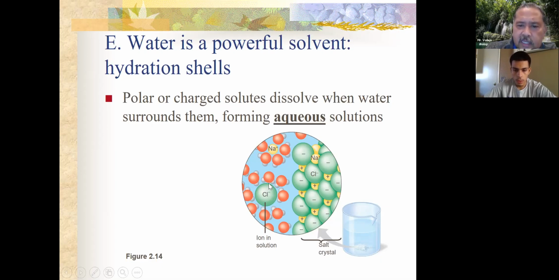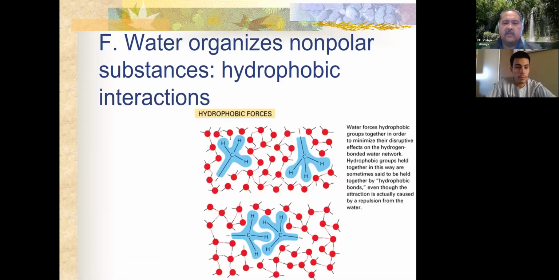Over here, this is the slightly positive side of water surrounding this ion, and this one has the oxygen, the slightly negative side, surrounding this positive sodium ion. So no matter if it's positive or negative, water's going to surround it. Then this can mix with the rest of the water molecules and form a solution. When you have a water-based solution, that's called an aqueous solution.